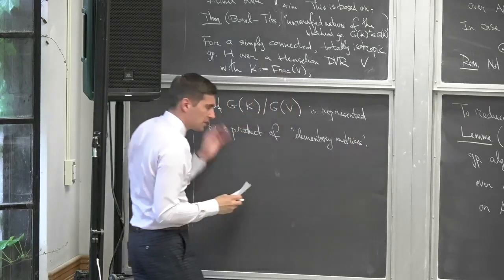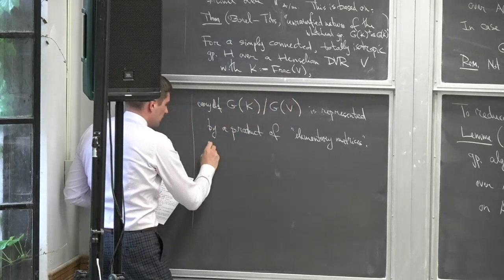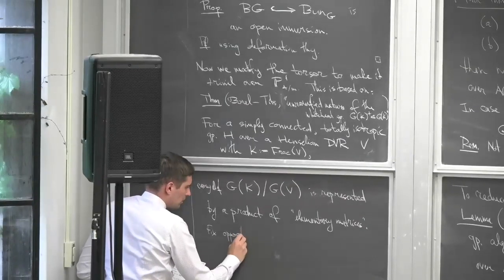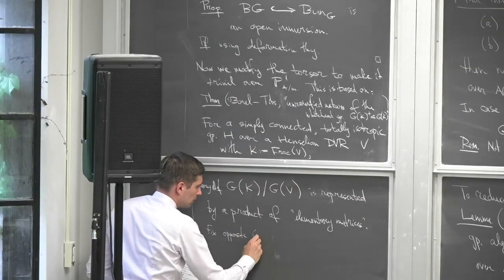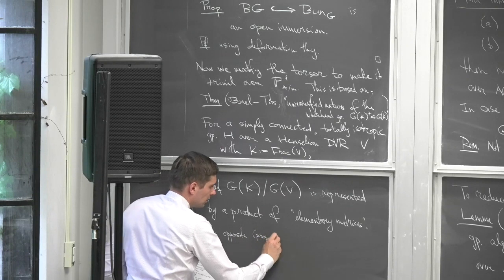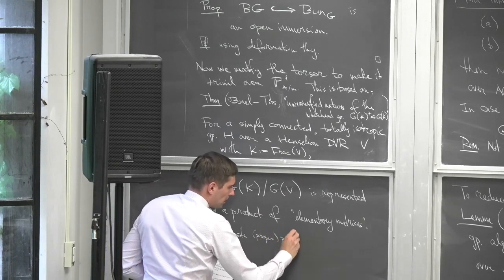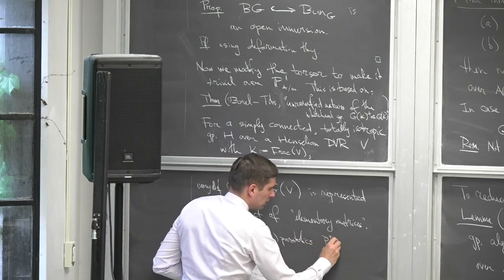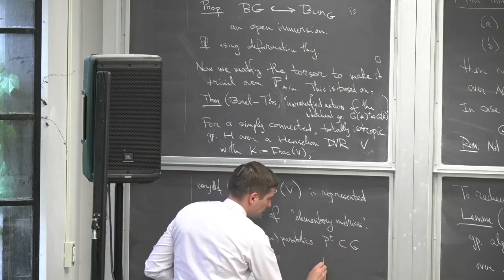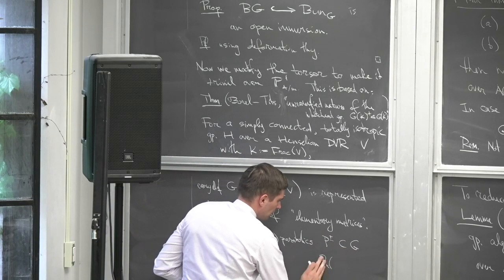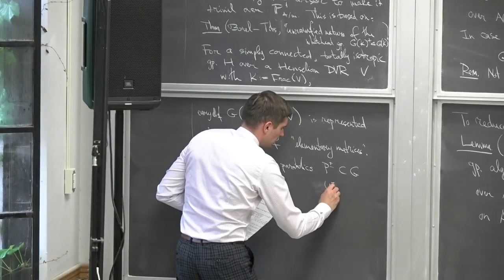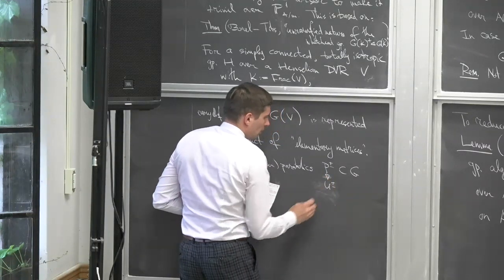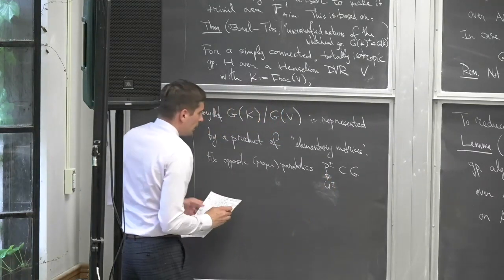Let me be a bit more precise. What do you mean by that? So fix opposite parabolics, proper parabolics P plus and P minus of G. These have unipotent radicals; let me call these groups U plus and U minus.